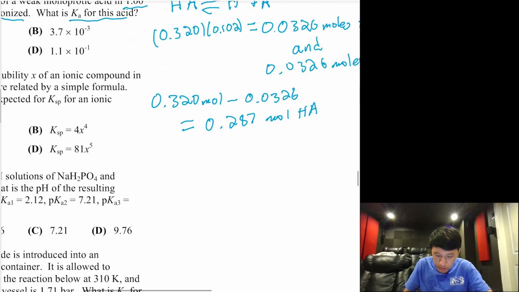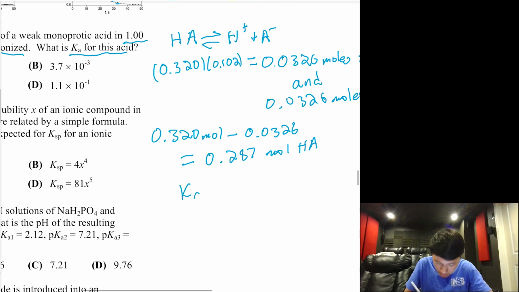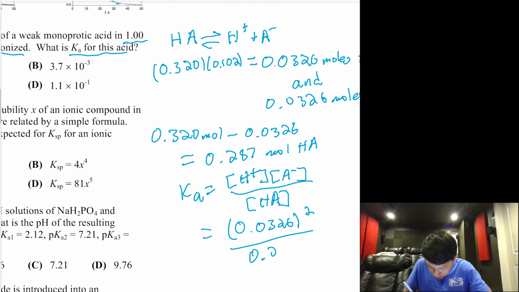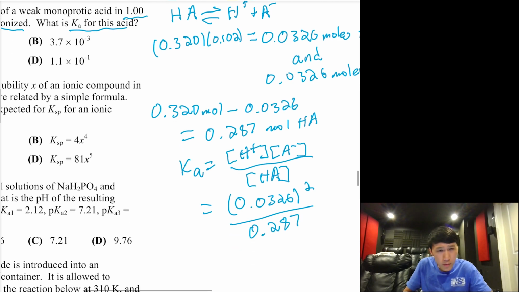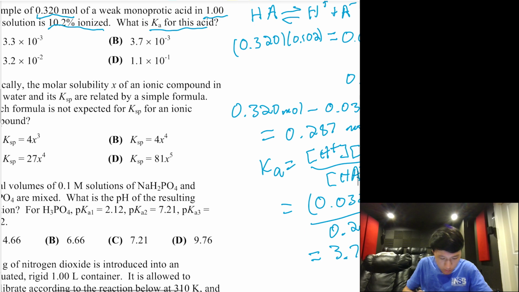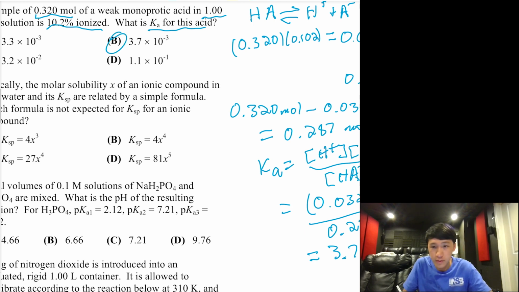So the Ka for this reaction, which is equal to the concentration of H plus times the concentration of A minus over HA, is equal to 0.0326 squared over 0.287. When you plug this into your calculator, it comes out to 3.71 times 10 to the minus 3, or B, which is our correct answer.